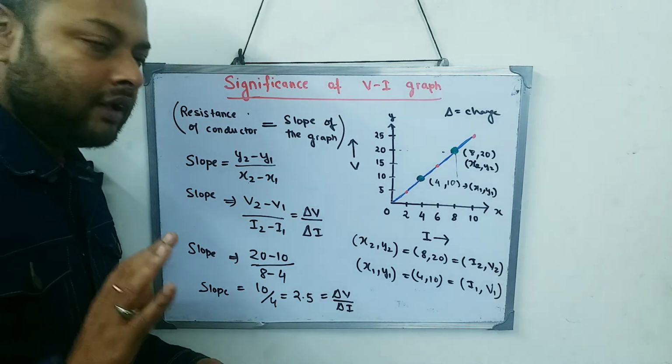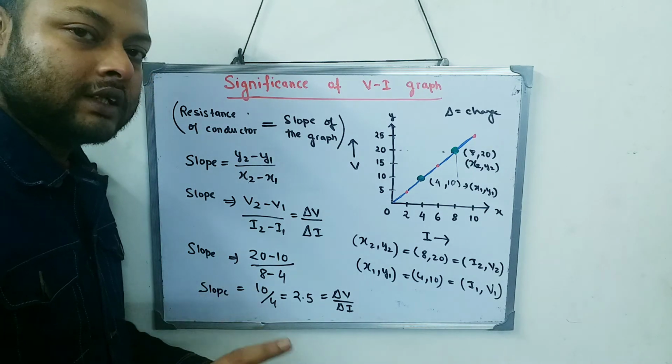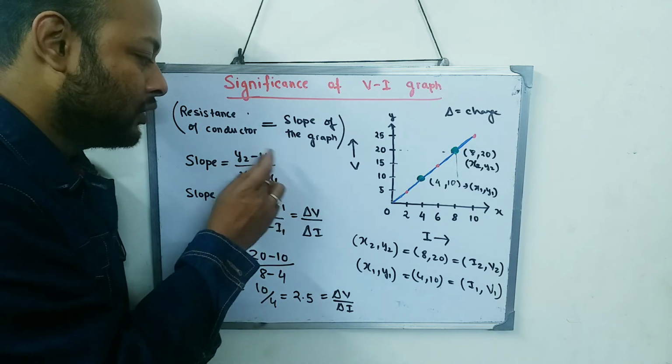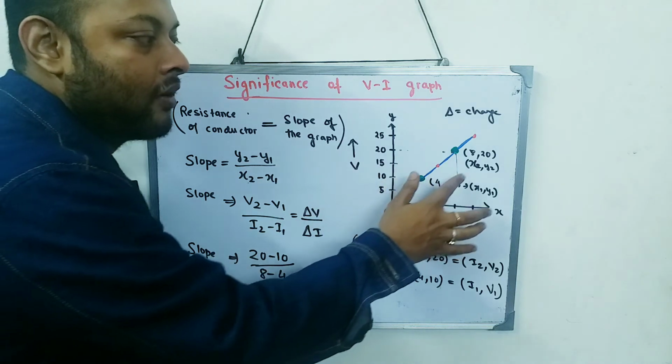Till here I think it is clear to you what I have done. Just see the video once more if you are not able to understand the concept of what values I have taken.